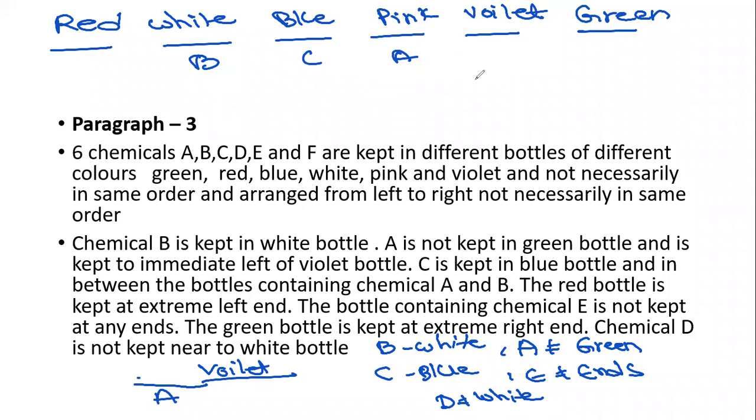You should not keep E in the ending positions. You have to keep E in violet place. Next. D should not be kept near to white color. Where you have to keep white color, you have this position and this position as vacant. D should not be kept near to white color. You have to keep D in green. Which is the leftover color bottle? Leftover color bottle is F.